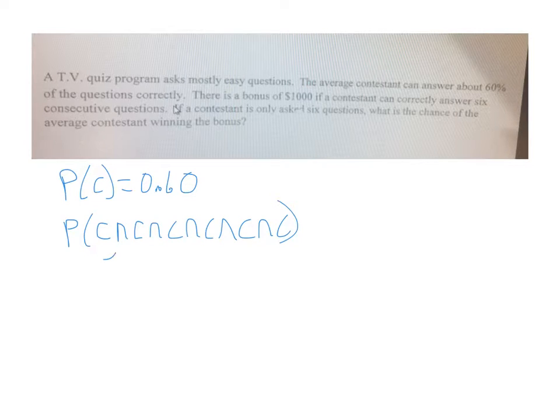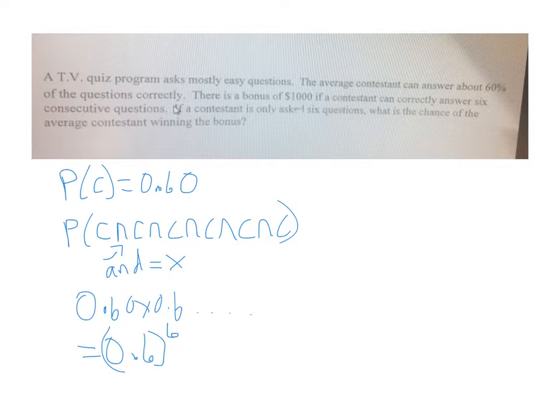Whenever you see this symbol, which is "and" in probability, it means multiply. So in this case, we would have 0.60 times 0.60 and so on, and we would do that 6 times. An easier way to write that would be 0.6 to the exponent 6. If you work that out on your calculator, that will be the probability of getting all 6 questions correct.